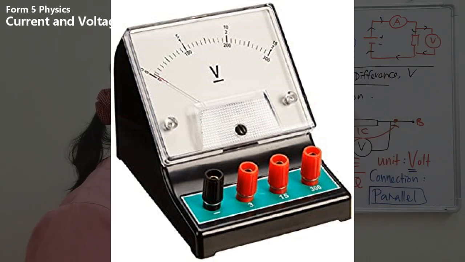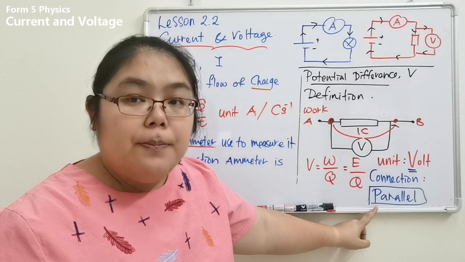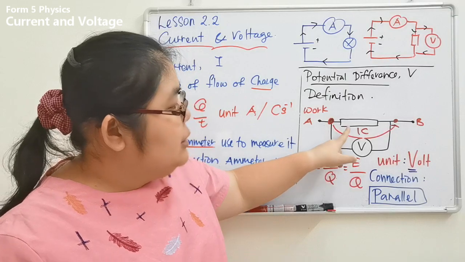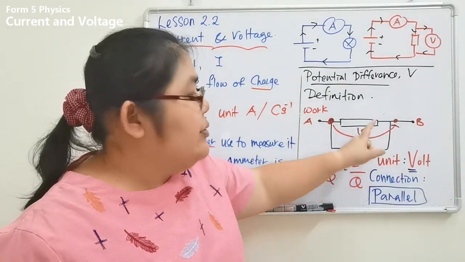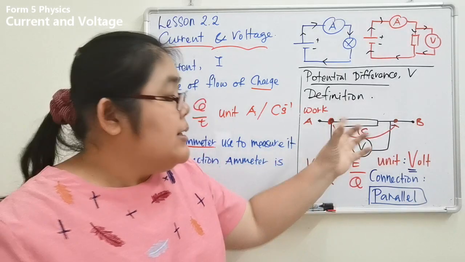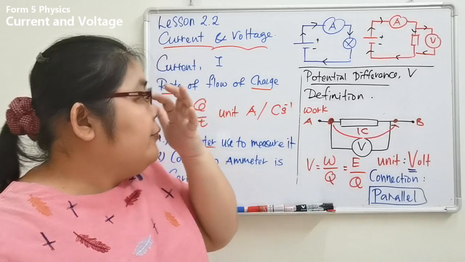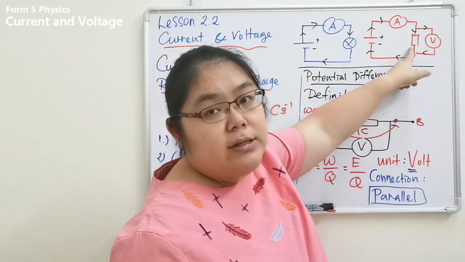Connection, in the circuit, they must connect parallel. Okay, parallel with the thing you want to measure. Example, I want to measure this one resistor. So that means you put the voltmeter parallel with this resistor, so we can measure how many volts. So when I join the whole circuit, I want to measure this one resistor, the volt is how many.